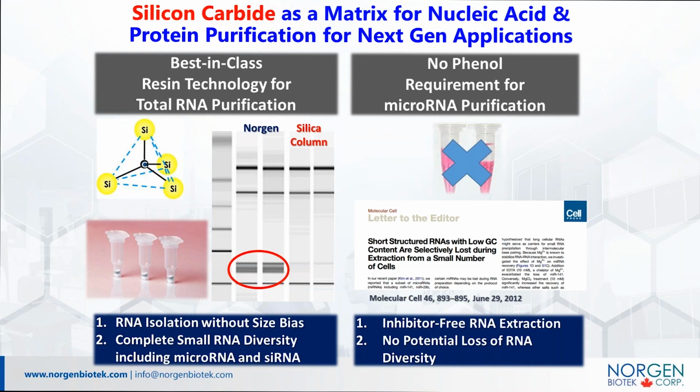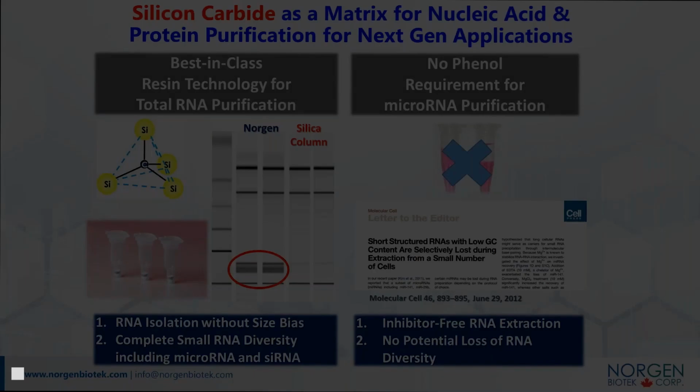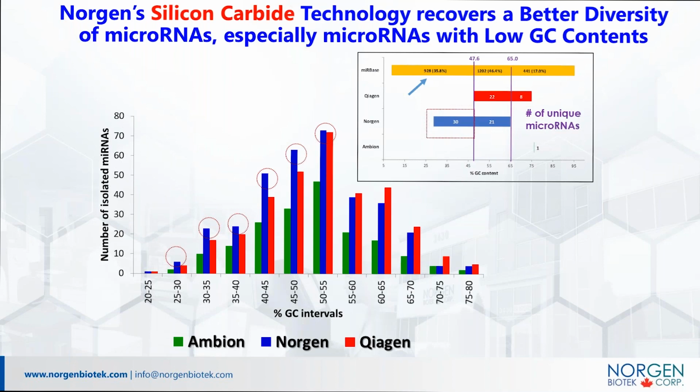In order to assess this ourselves, we did a small spiking experiment, but more in depth than what we read in the paper. We spiked plasma or serum with synthetic RNA sequences with different GC percentages.